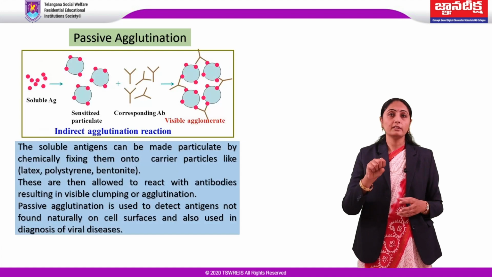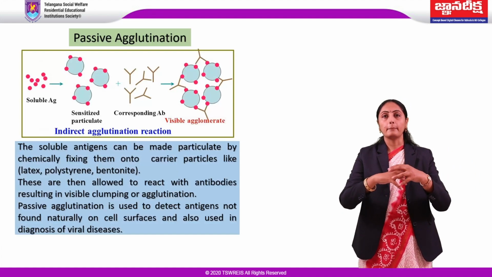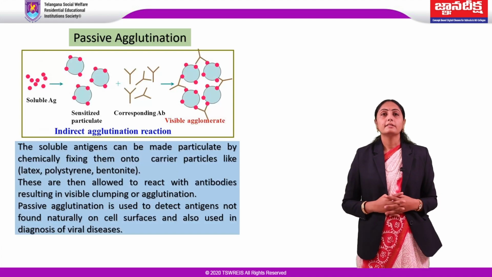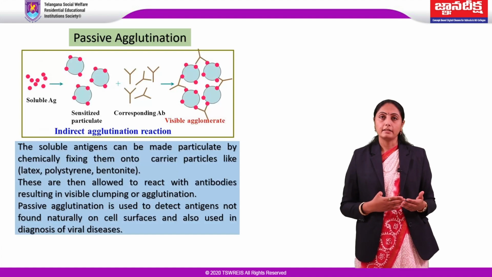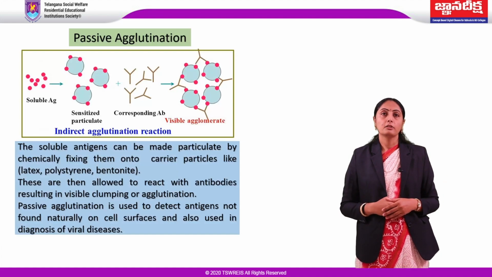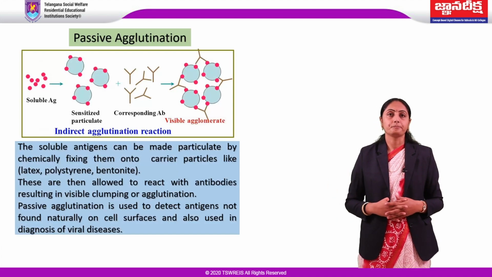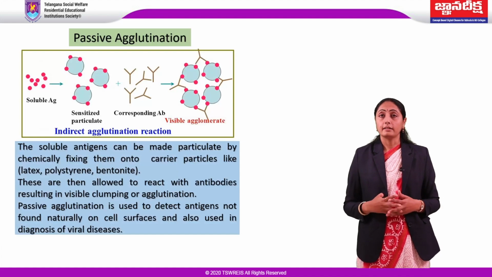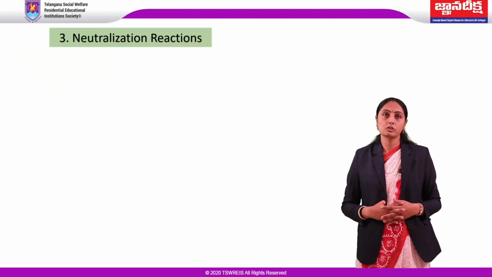When antigen-coated beads are allowed to react with antibodies, visible clumping results. These reactions are used in diagnosis of bacterial and viral diseases, to detect rheumatoid factor, and also in pregnancy test kits to detect HCG.